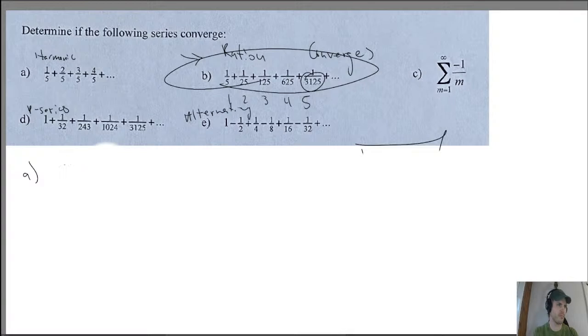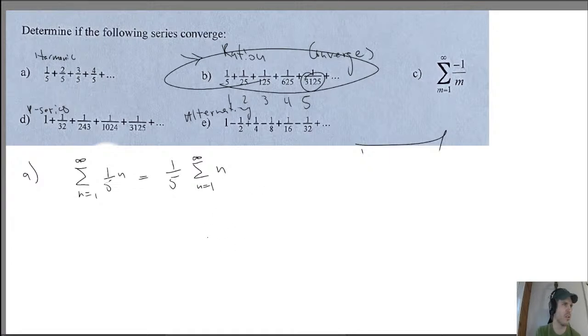You take the sum from n equals 1 to infinity of 1/5 n, which equals 1/5 times the sum from n equals 1 to infinity of n.